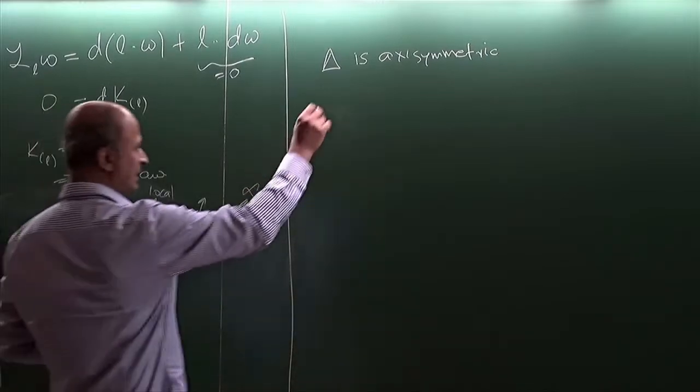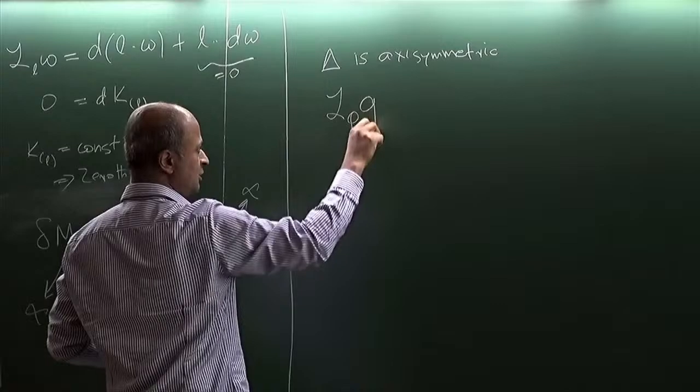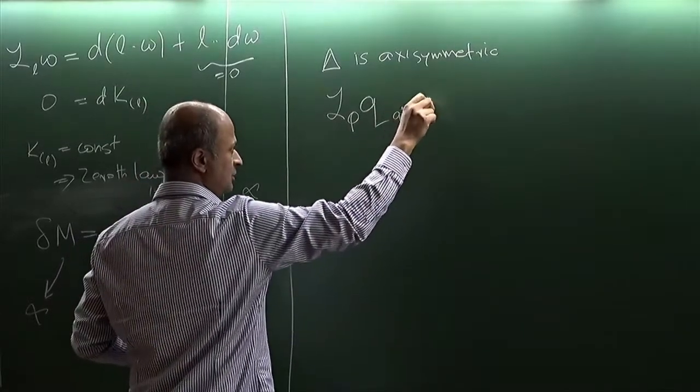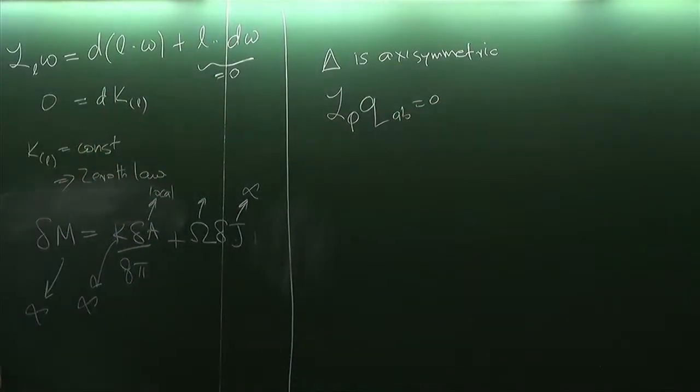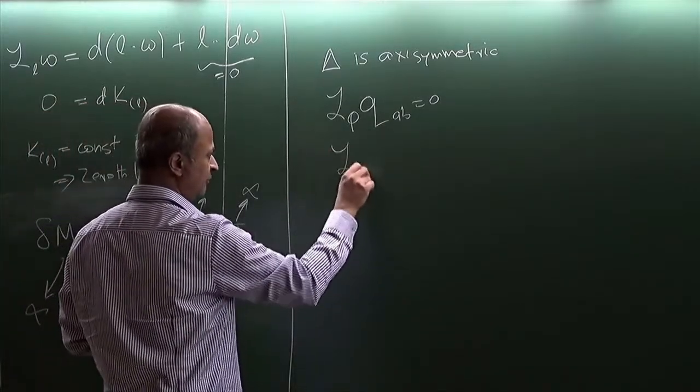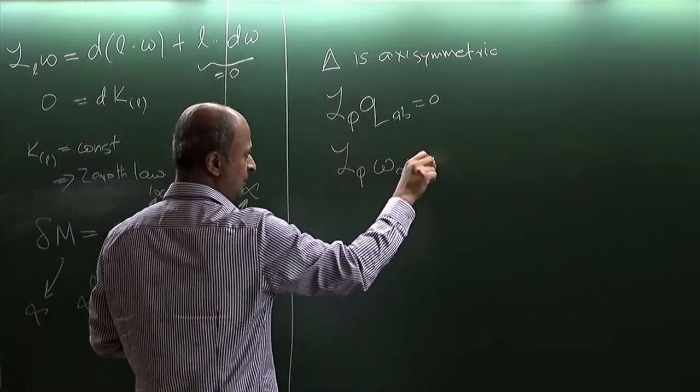So that means that the Lie derivative of Q along phi is 0. And also remember that the one-form omega is quite important. As we discussed, it is an independent geometric quantity. It's not determined by just Q itself. So we require that the Lie derivative along phi of omega_A is also 0.